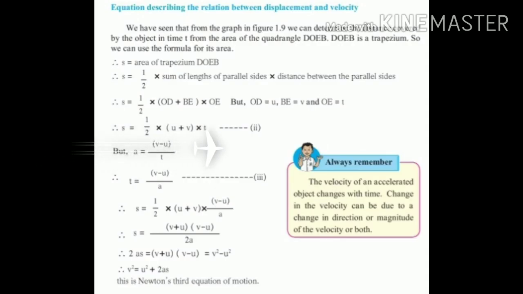If you cross multiply, then we get 2as is equal to v square minus u square. Therefore, v square is equal to u square plus 2as by side changing. This is Newton's third equation of motion, and this equation gives a relation between the displacement and velocity.